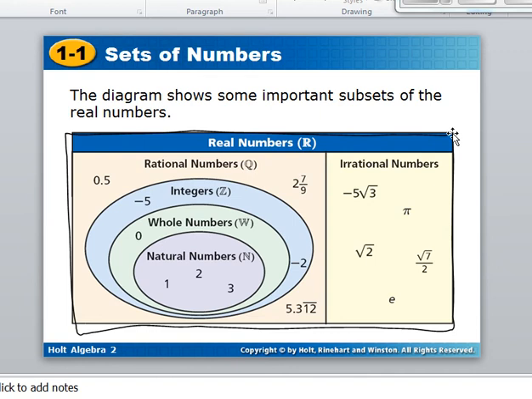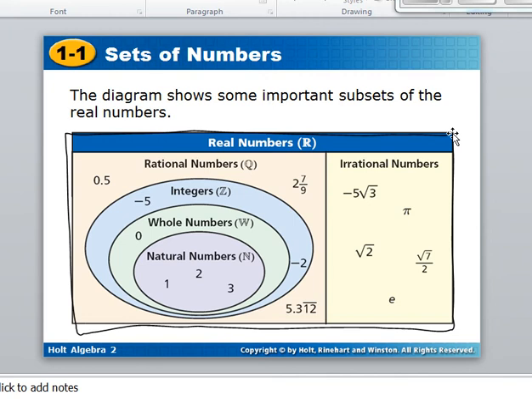Within the real numbers, we have two different sets. About 2/3 of the numbers that we talk about are rational numbers, and about 1/3 are irrational. The rational numbers are numbers that can be written as decimal points or as fractions.